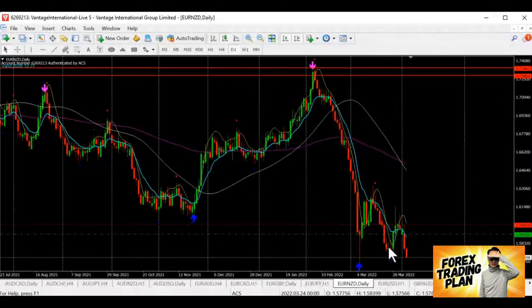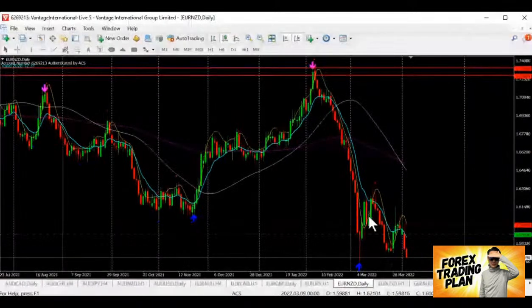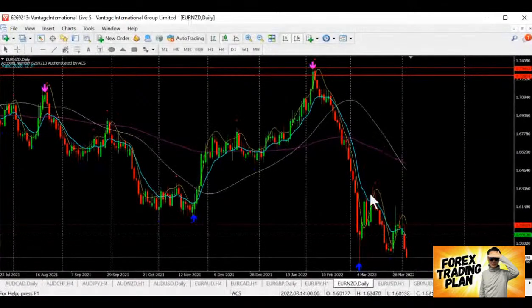This is a bear trend, correct? As we can see, the bear is still continuing to run. We have a lower low, a lower resistance, that means a lower high, creating a lower low, and now a lower low.